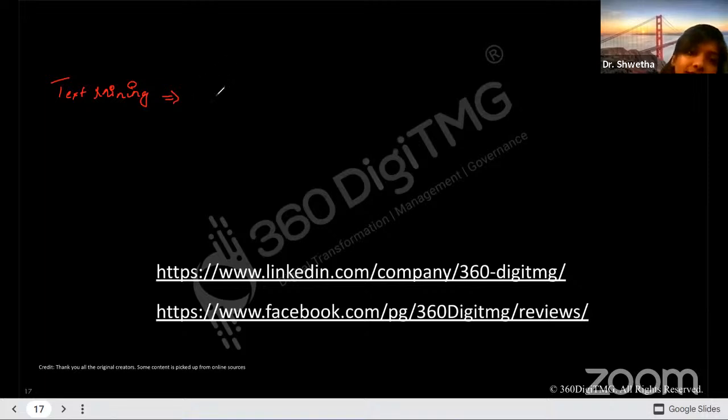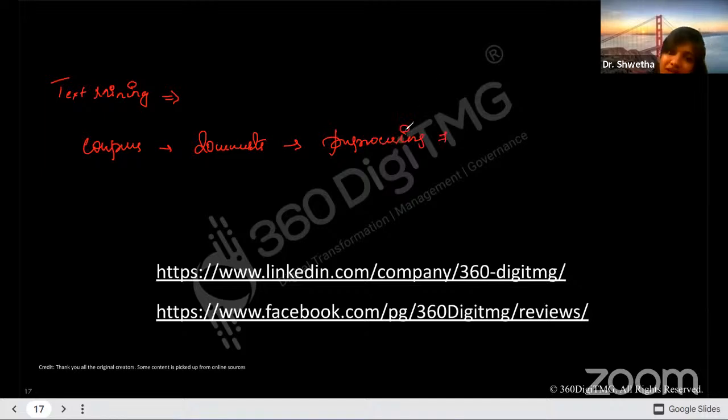So in text mining, we take a corpus of words. A corpus is a collection of documents. This corpus, we try to pre-process. Now, the documents are pre-processed. Pre-processing of unstructured data follows different methods.